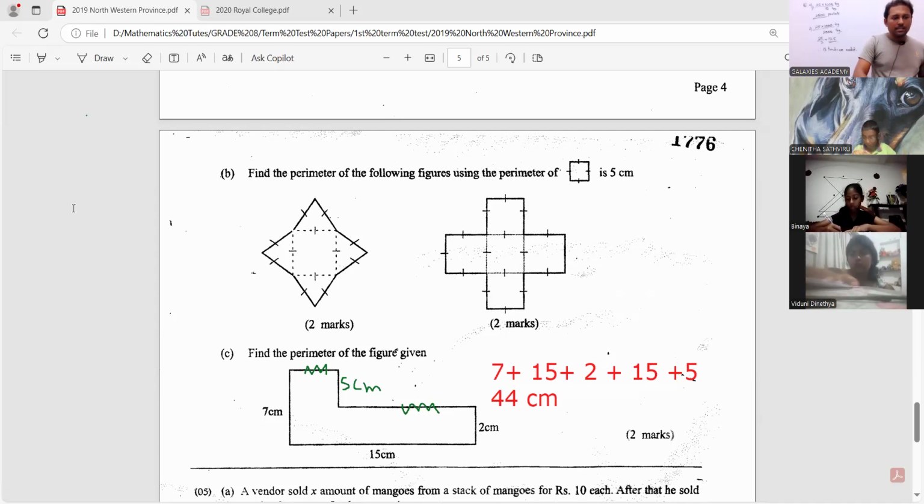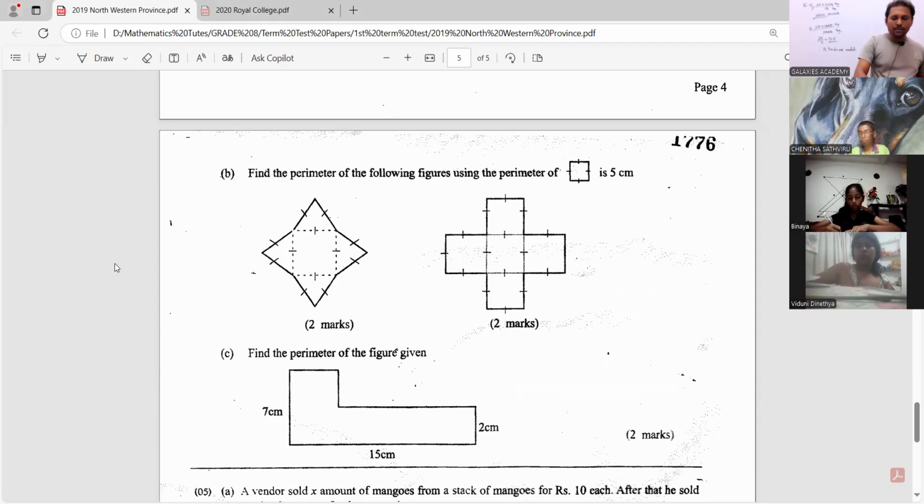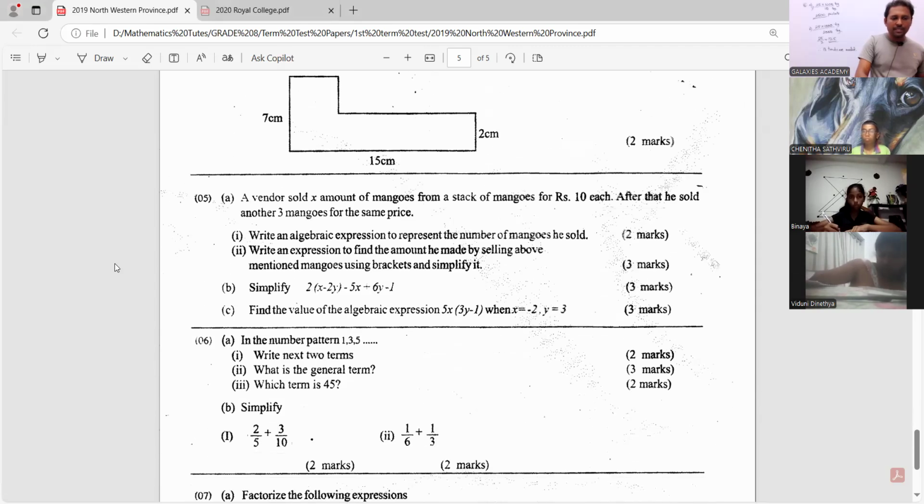Right. They are the answers for question number 5. Then let's go to the 5th question. Question number 5, simple A. A vendor sold X amount of mangoes from a stack of mangoes for 10 rupees each. After that, he sold another 3 mangoes for the same price.